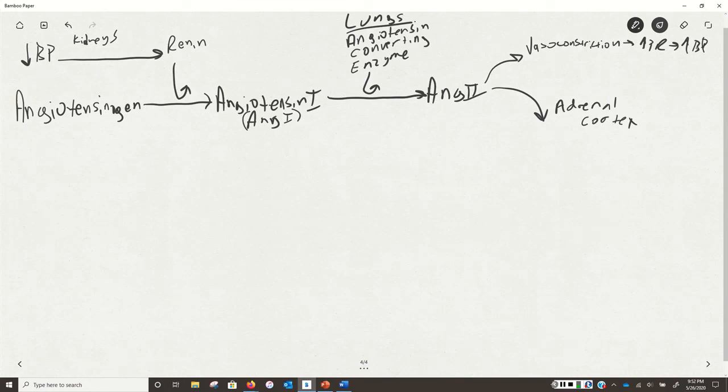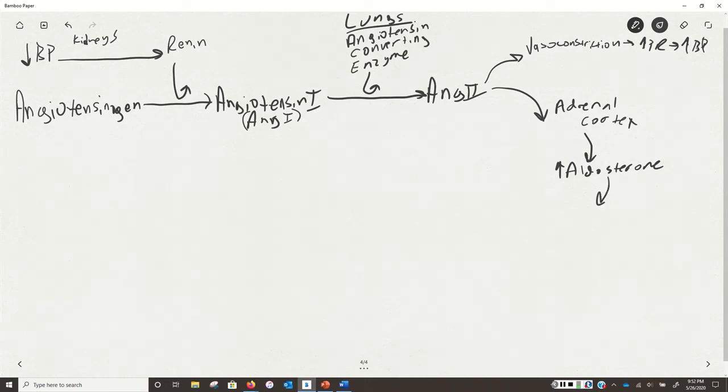The adrenal cortex responds to Ang2 by releasing aldosterone. Ang2 tells the adrenal cortex to release aldosterone. Now we've seen what aldosterone can do on our chart.